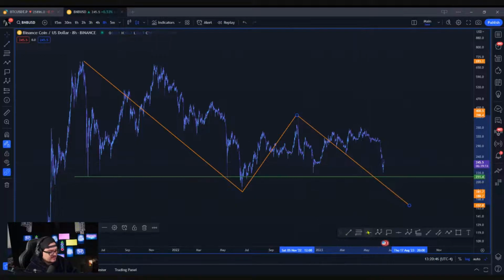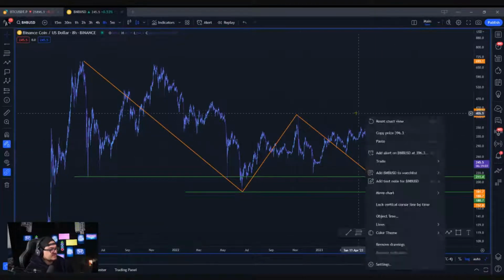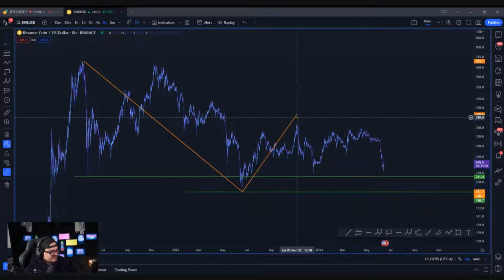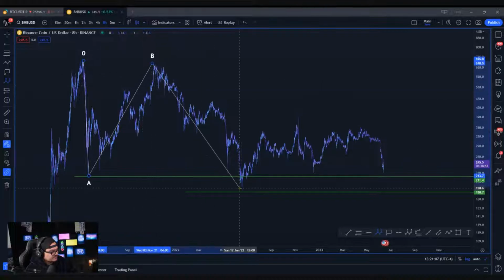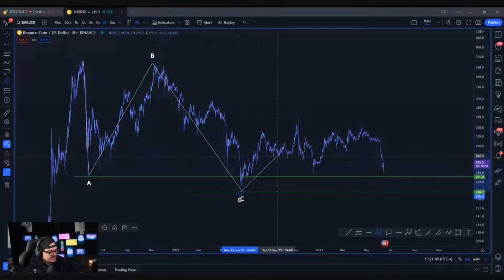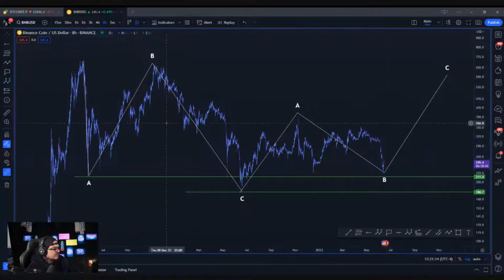But still, overall, I need to get one more low in order for us to be a little bit more bullish on the longer term, bearish on the shorter to midterm. That's going to be a significant area for me. The bullish case scenario is that the previous setup that I showed you is it. That's all we get. And we're working on a larger A to a possible larger B to a C.